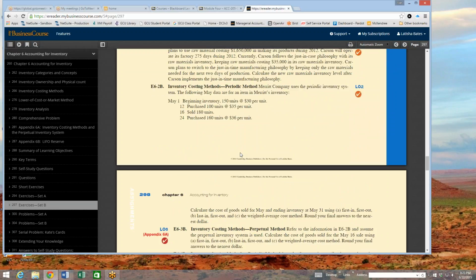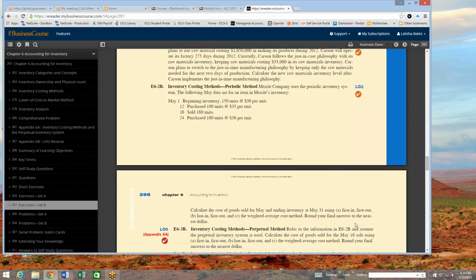Okay, so here's E6-2B. It's asking you to calculate via the periodic method using the periodic inventory system. So it gives you your numbers, and then you're going to calculate the cost of goods sold for May and inventory at May 31st using the three methods: first in, first out, last in, first out, and the weighted average cost method.